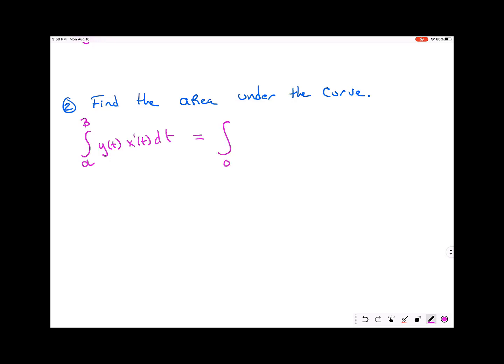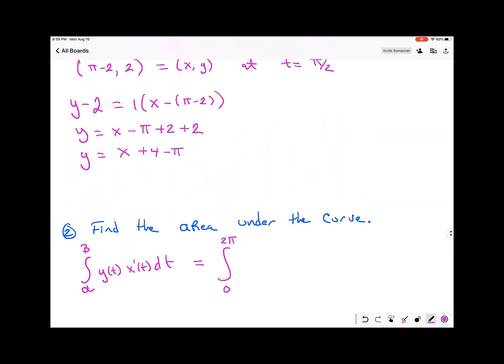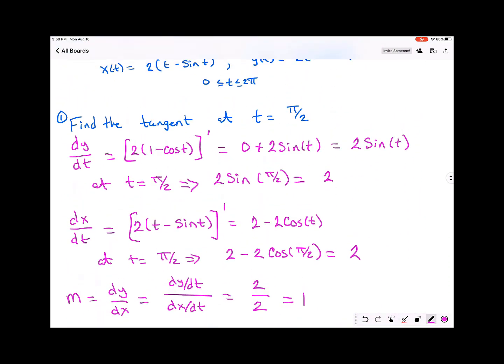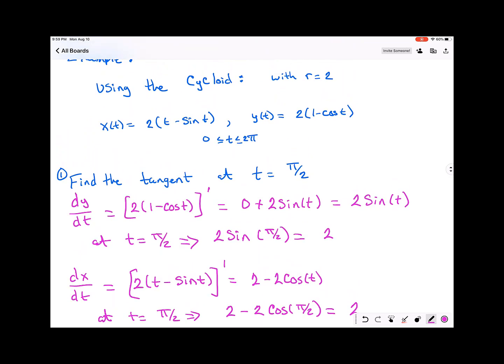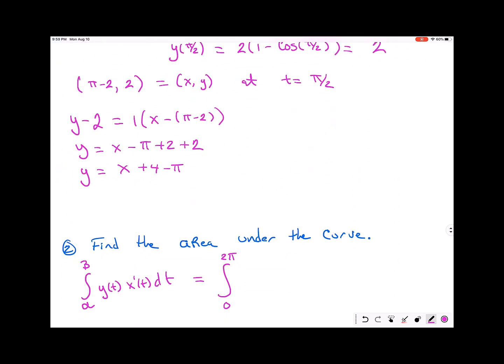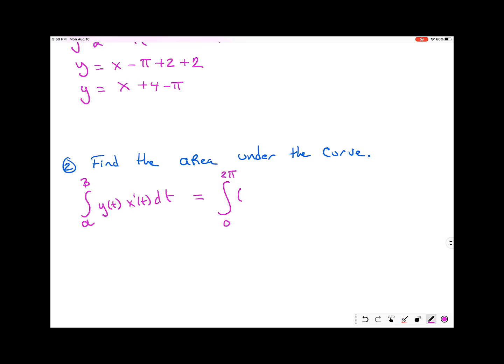And so that's equal to the integral from 0 to 2 pi, and y of t, the y part, of course, was equal to 2 times 1 minus cosine of t. So this is 2 times 1 minus cosine of t.